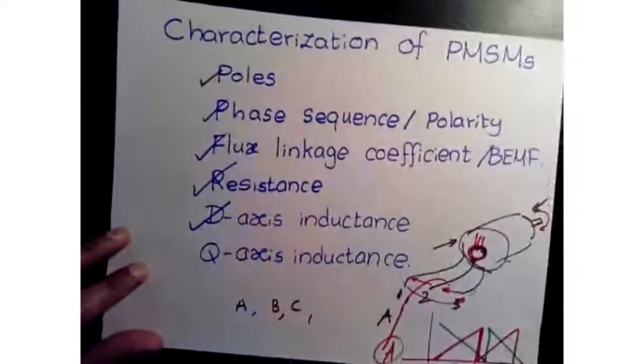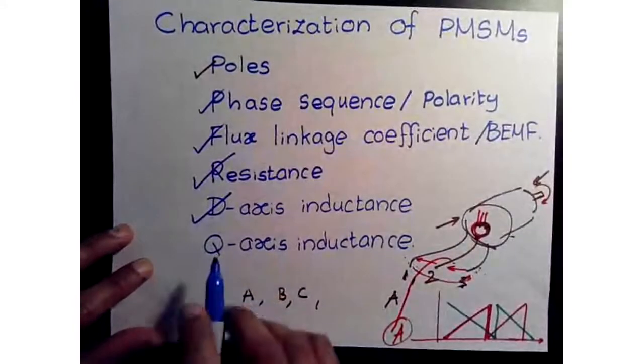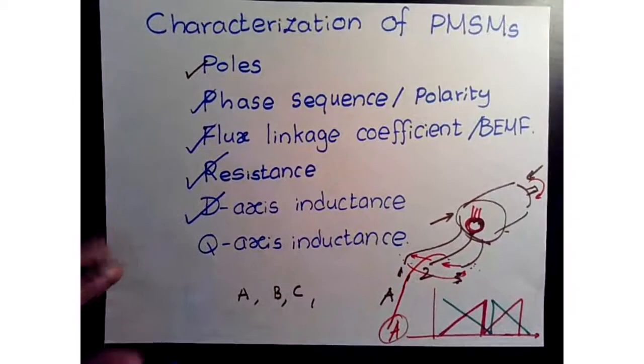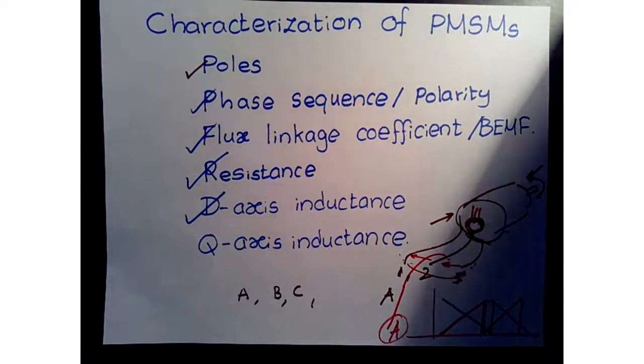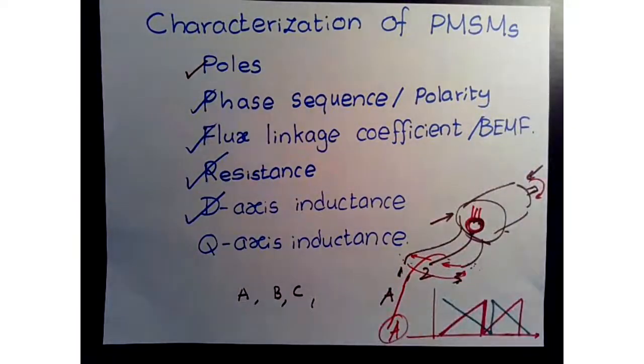So let's see what we have here. We have our D-axis inductance. Now the only thing left is the Q-axis inductance. Can you propose a Q-axis inductance measurement scheme? A way to measure Q-axis inductance.